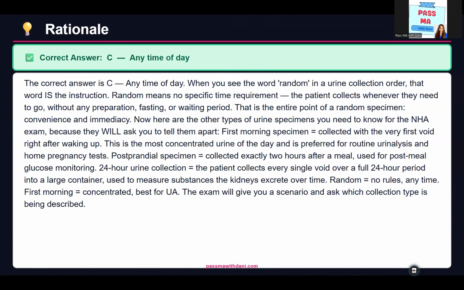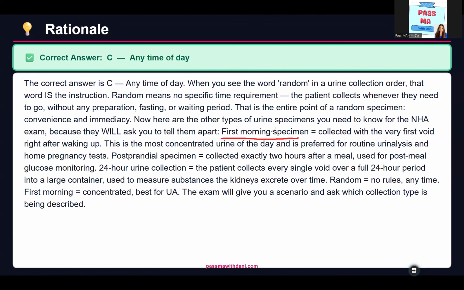Now, other types of urine specimens: if it is a first morning specimen, first morning specimens are the ones that are best to utilize for pregnancy tests. The first morning specimen, we call it the first void of the day. This is the most concentrated urine specimen. Think about it. Your urine's been sitting in your bladder throughout the entire night. This is actually the best specimen to utilize for a pregnancy test.